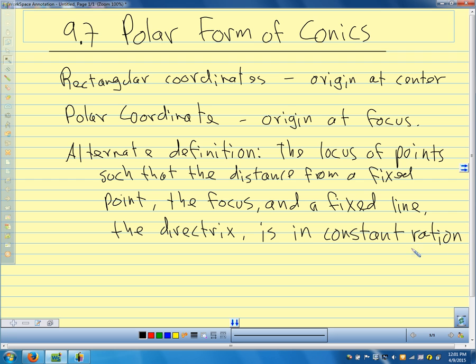So that locus, not ratio, is a conic. So any curve where the ratio of the distance from the focus to the distance from the directrix is constant is going to be a conic section.